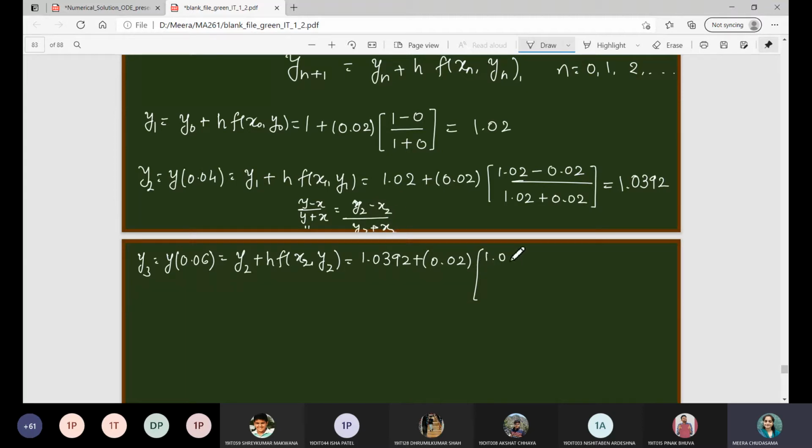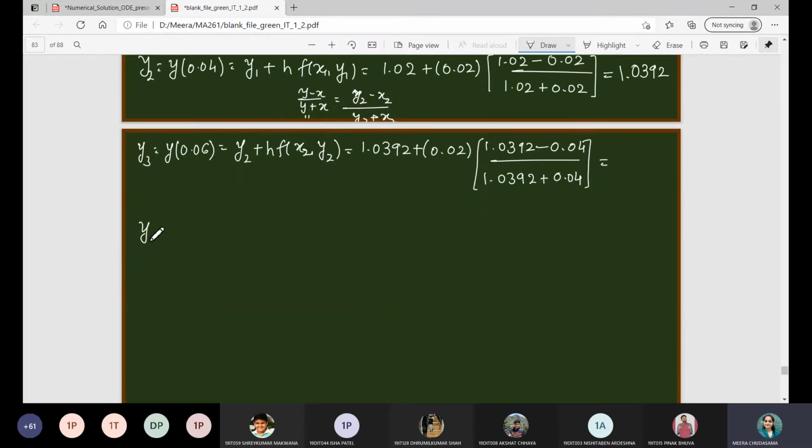So y2 is 1.0392, the last iterated value. x2 is 0.04. So minus 0.04, and in the denominator the addition of these two, that is 1.0392 plus 0.04. Evaluate it. 1.0577.